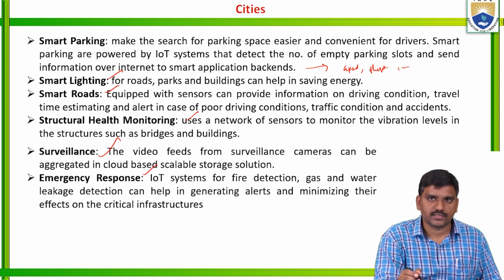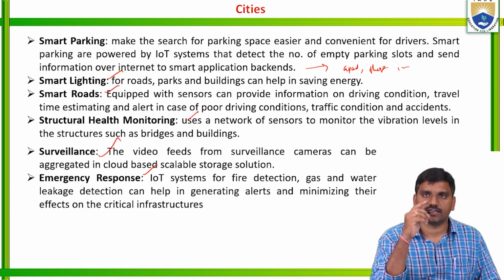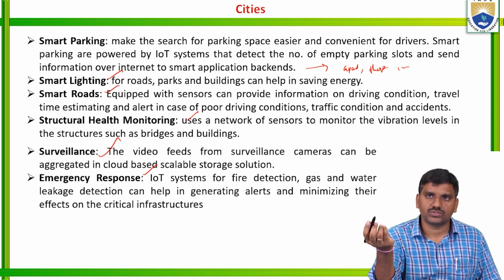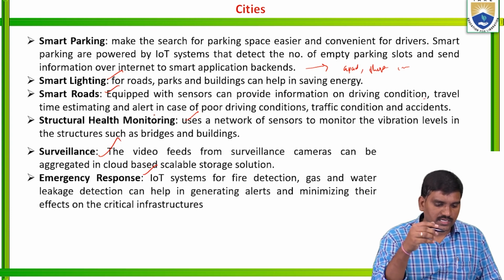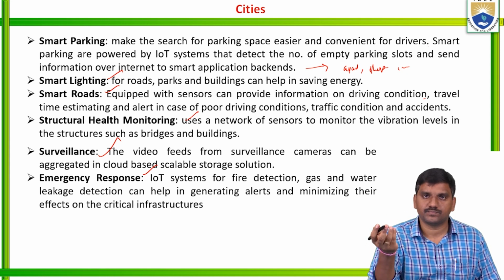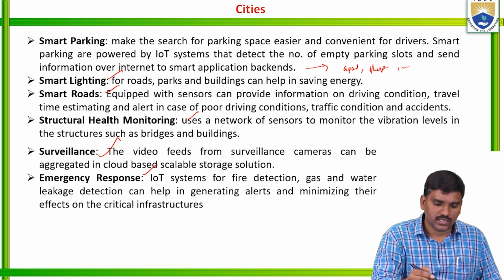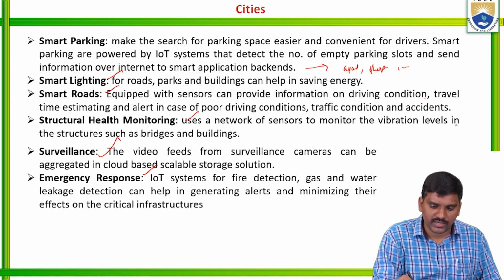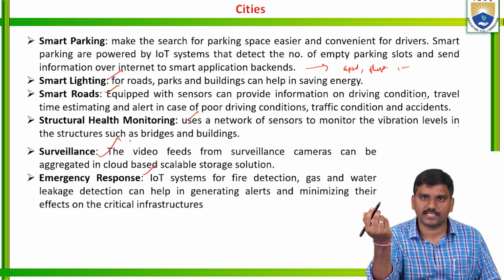Next, smart lighting for roads, parks and buildings can help in saving energy. Smart roads equipped with sensors can provide information on driving conditions, travel time estimation and alerts in case of poor driving conditions, traffic conditions and accidents. Next is structural health monitoring, a network of sensors to monitor the vibration levels in structures such as bridges and buildings.